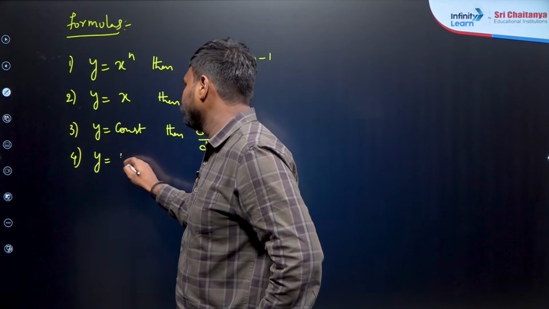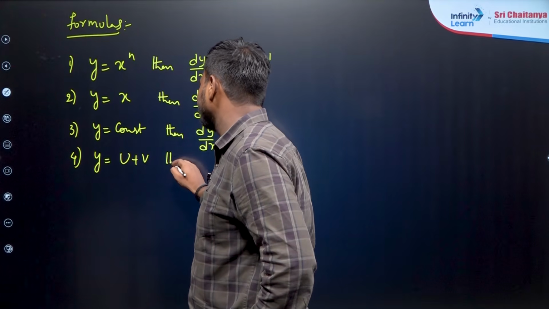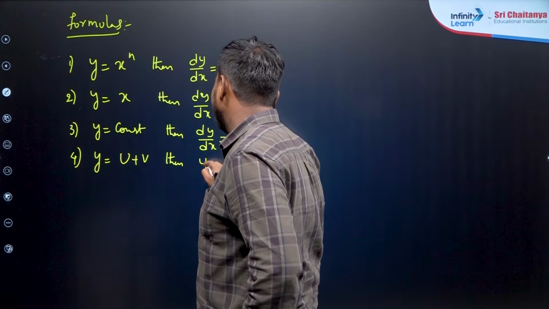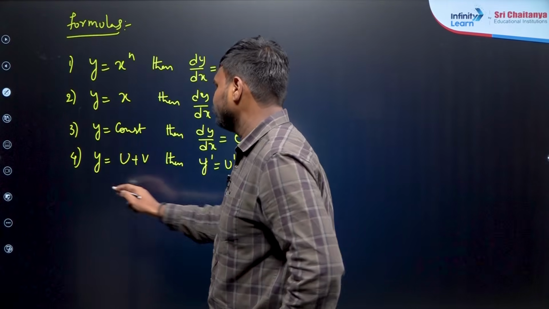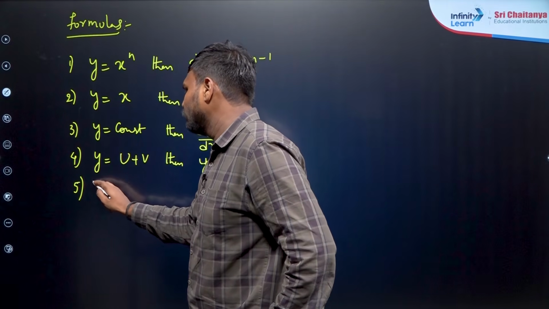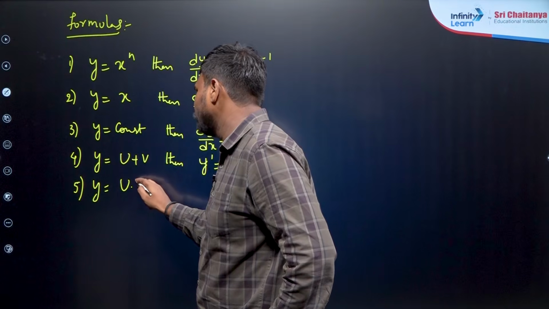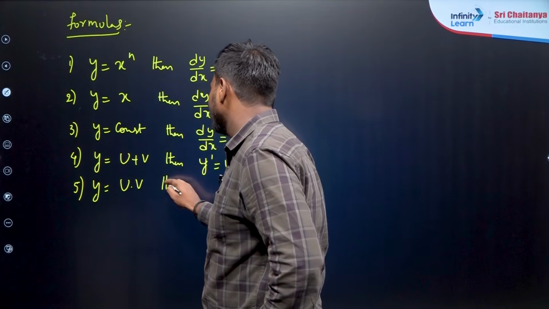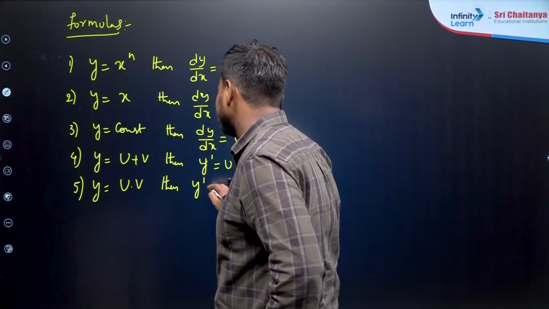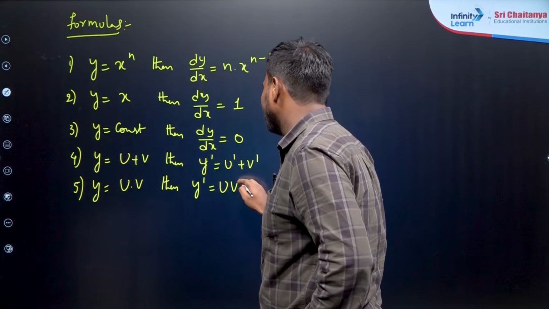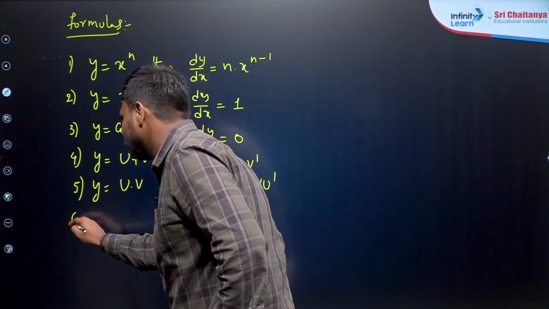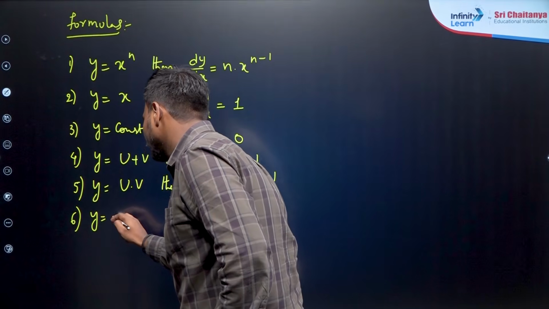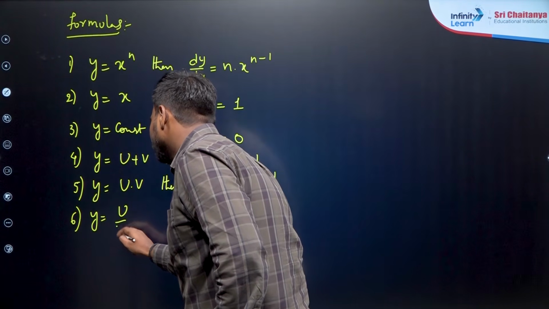Next, y is equal to u plus v, addition, then y dash is u dash plus v dash. Next, y is equal to u into v. y dash is u v dash plus v u dash. Next, u by v.